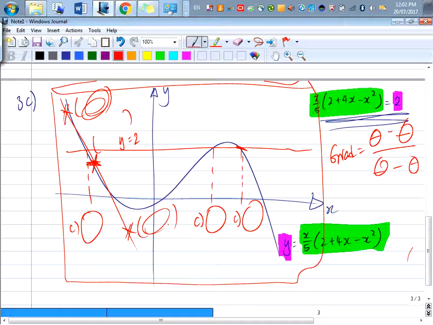Okay? Next one. You are supposed to draw the line 3y equals to 2x minus 6. That is for part E, part 1. Then I see lines like this. So what's wrong with this line that I've just drawn?